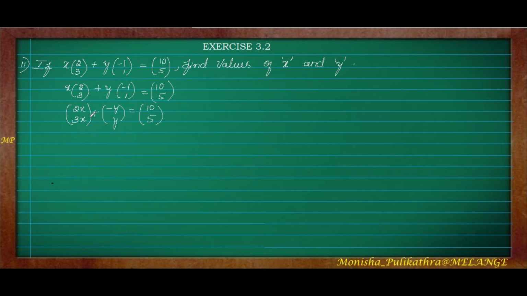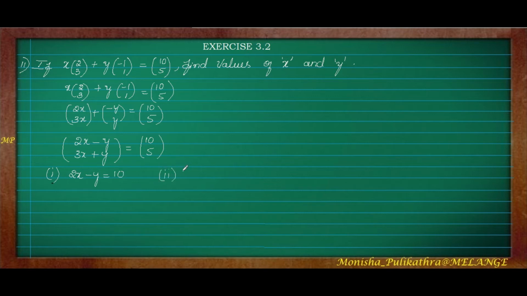Next, since addition is here, we need to add the element with the adjacent element. That is 2x plus minus is minus and 3x plus y is equal to 10, 5. So in the first equation, we can say 2x minus y is equal to 10.